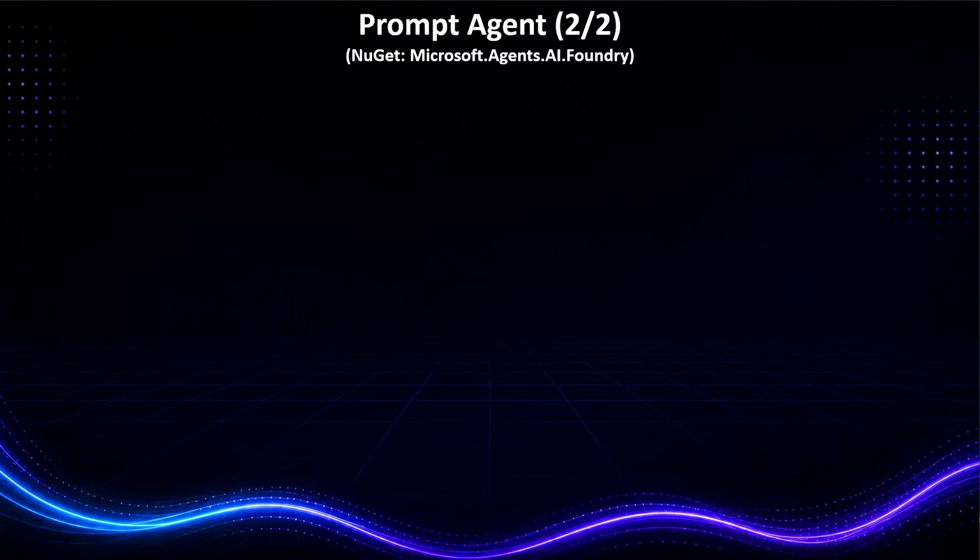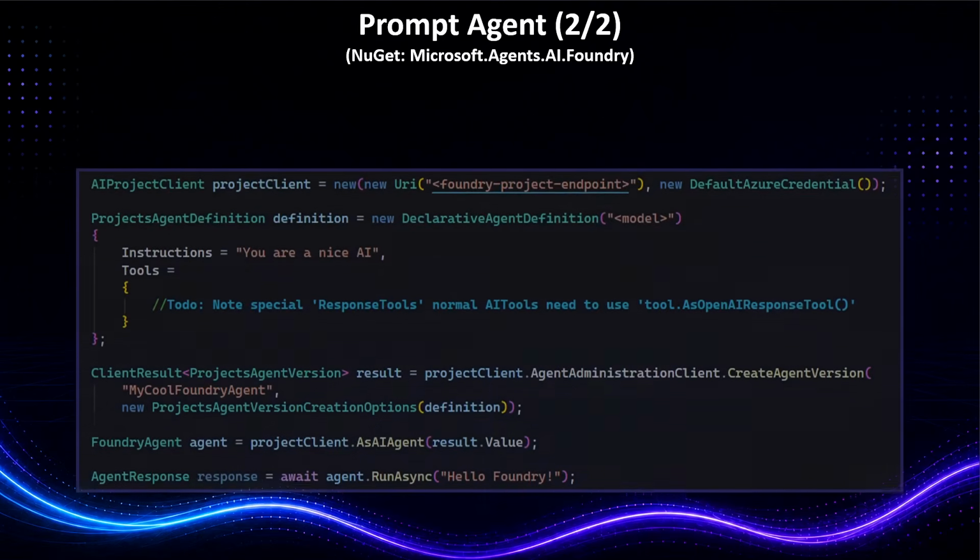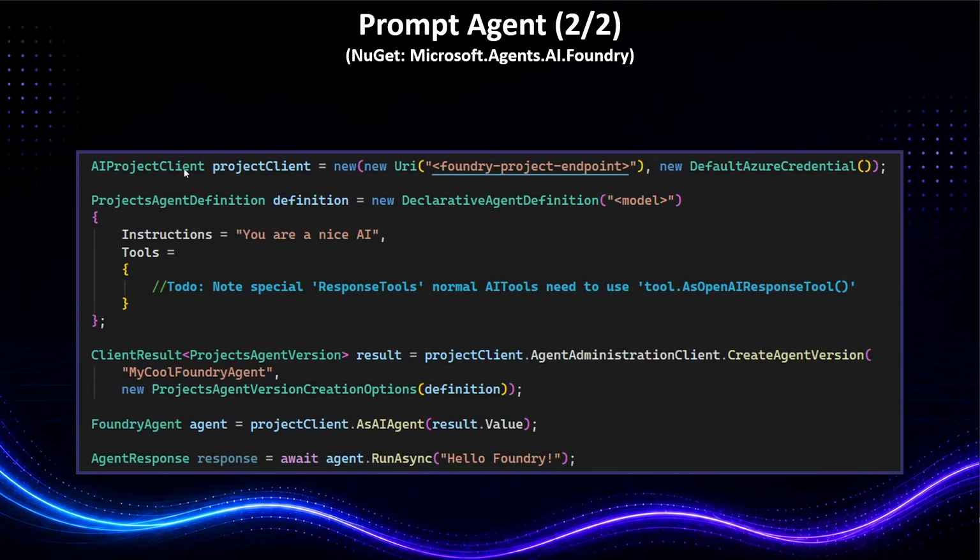So let's see that. We need the Foundry NuGet package again, just like the Foundry agent. We still need the same AI project client. But instead of just saying AsAIAgent, meaning an in-memory agent, we now make an agent definition where we tell it the model, our instructions and various different tools.